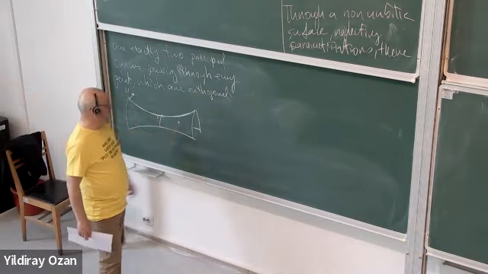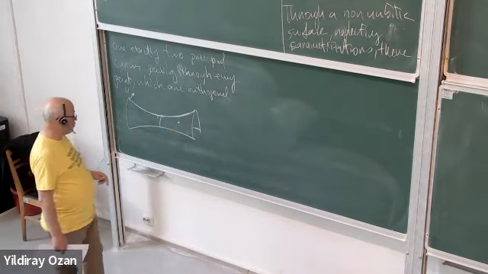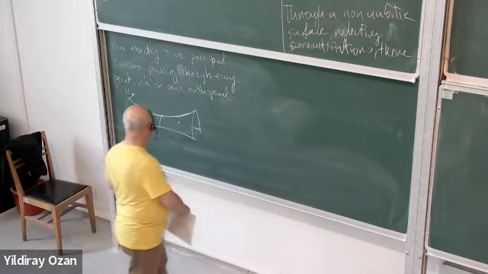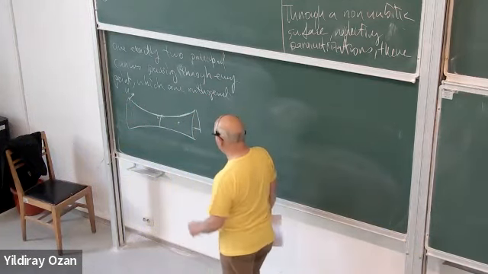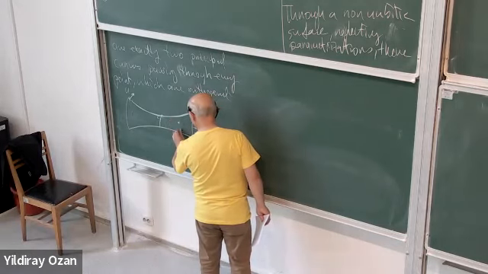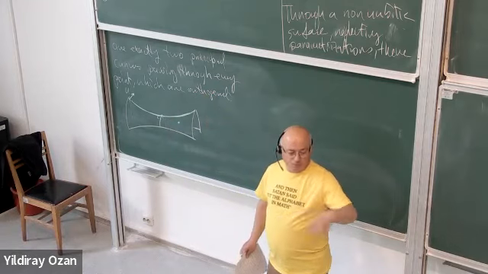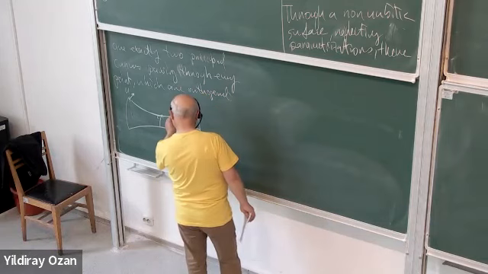Through this point, what are the principal curves? I don't know what. Maybe something like this, right? If you find one of them, the one which is perpendicular to that one, I guess it should be something like this, right?